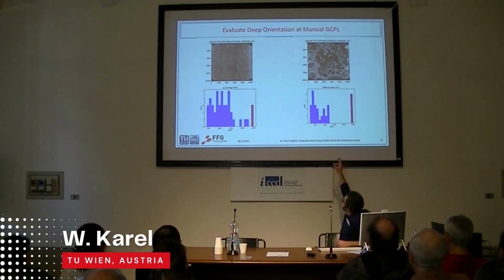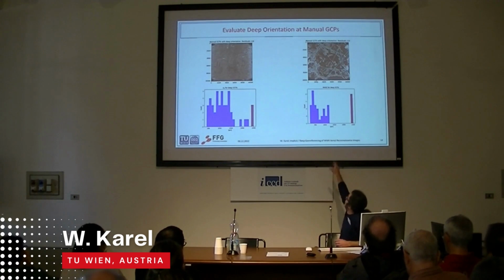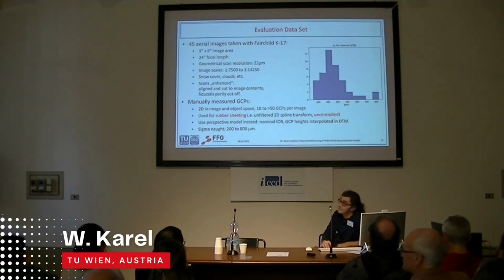And then on the right, we see the RMSE of all GCPs, of all images projected into image space of all images oriented with deep features, which is between 500 and 1,000 microns. Comparing this to the initial figure, I would say it's actually not so bad. It doesn't compare so badly to the manual ground control points.